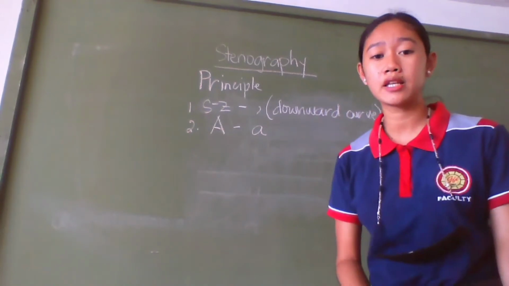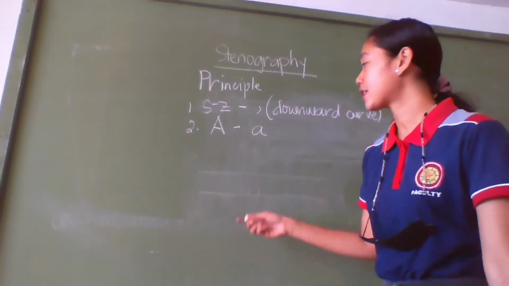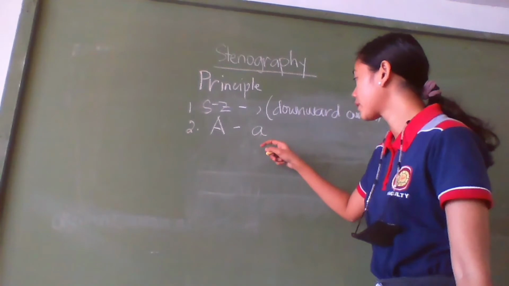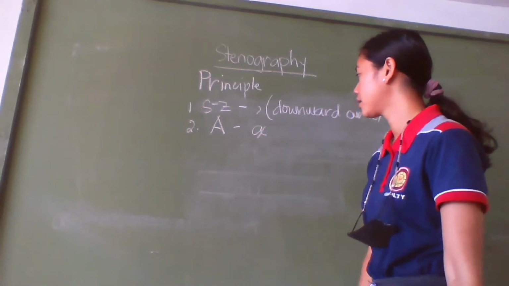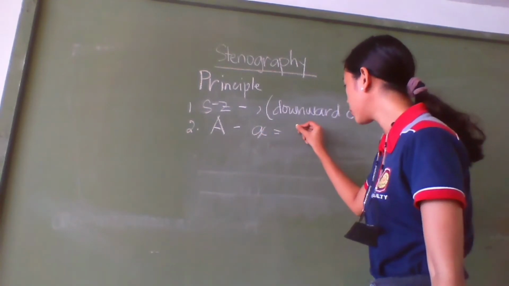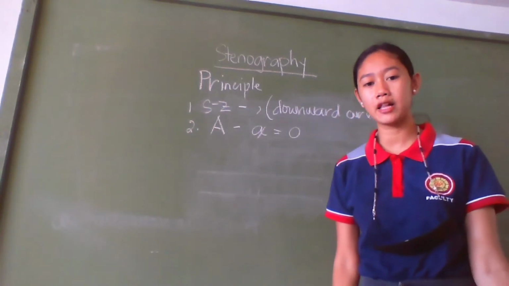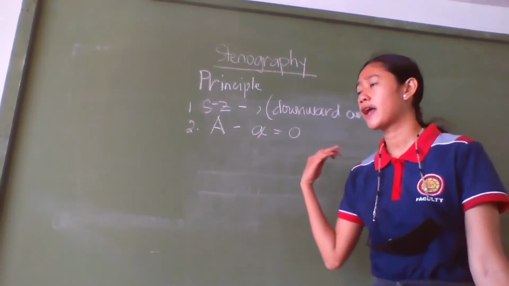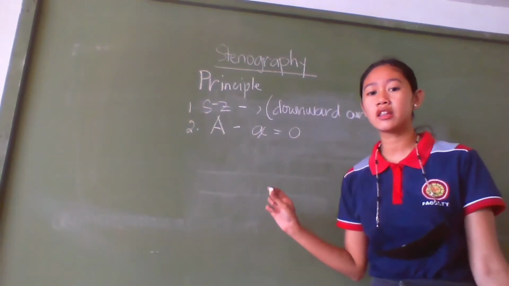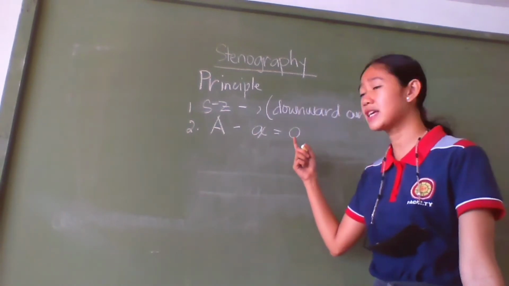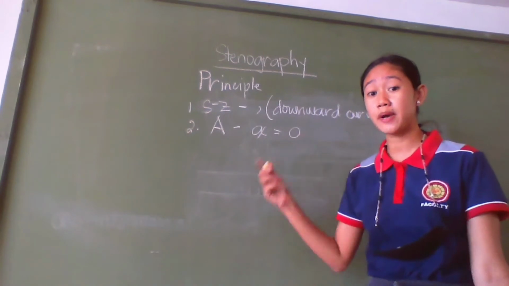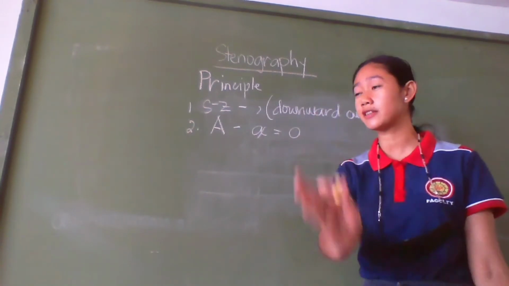I-omit lang daw natin according sa principles, tatanggalin lang daw natin yung ito niya. So equals to ganito. Is a big circle. So hindi siya literally na big talaga, pero in writing shorthand, it is a big circle. Kasi may small circle. Idadaan din tayo dyan.